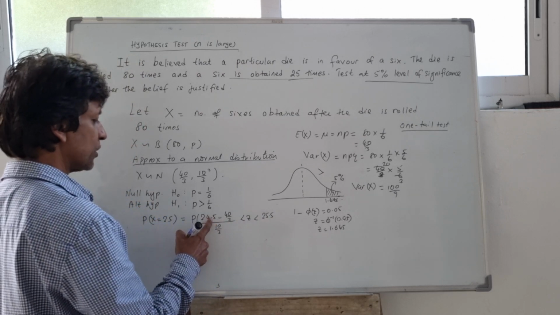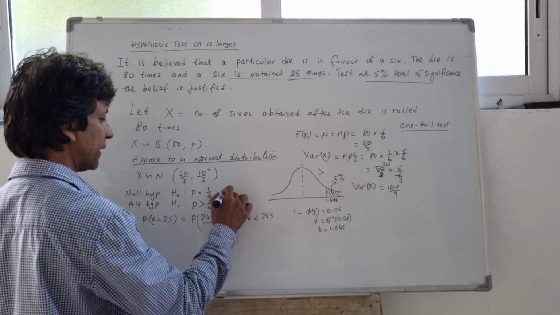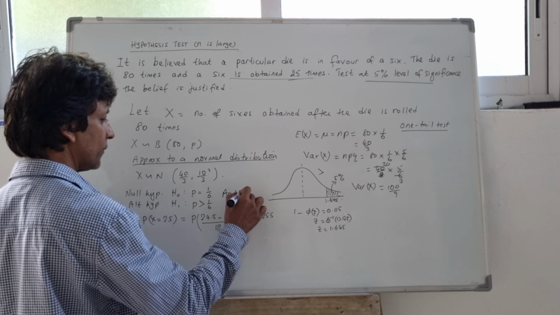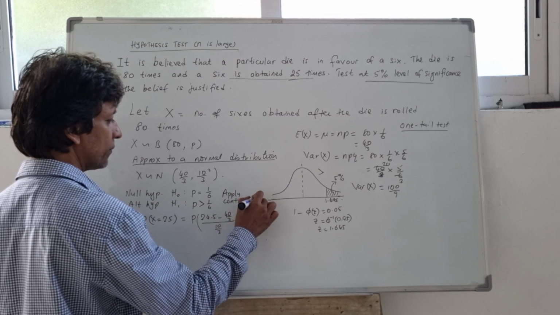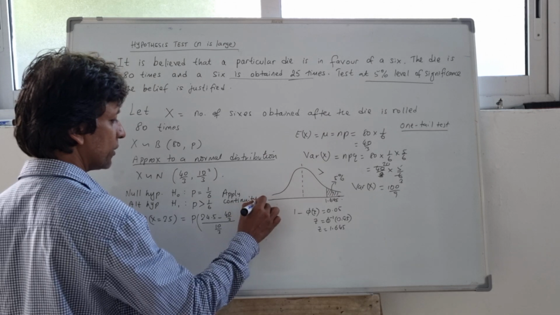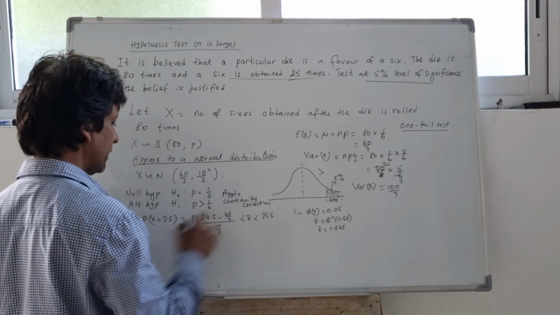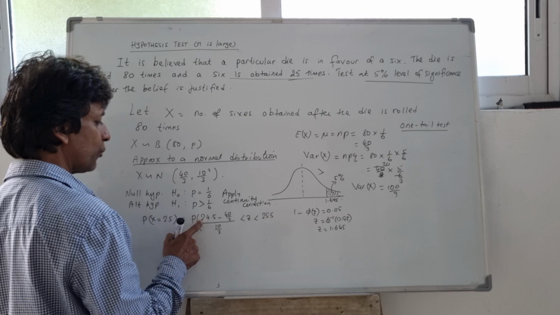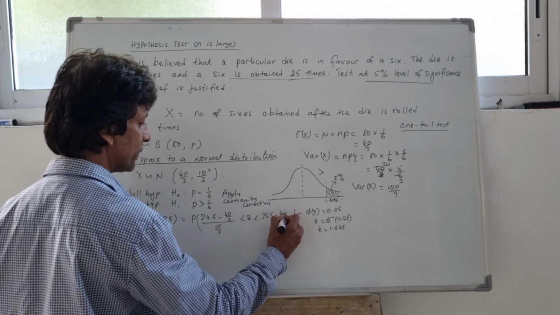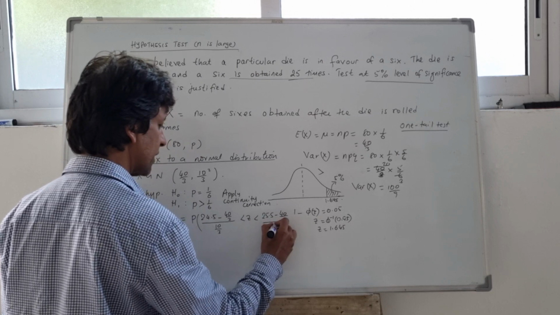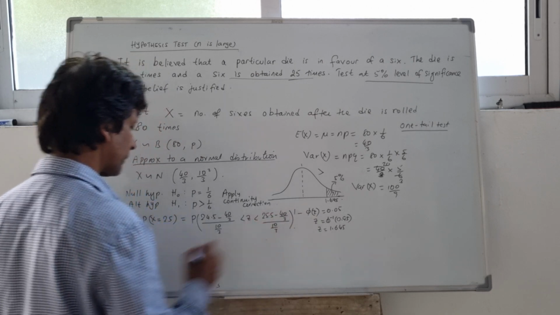The 0.5 comes into perspective here because I'm applying the continuity correction, so this 25 turns into 24.5 and 25.5.